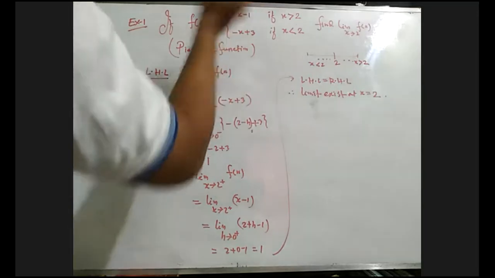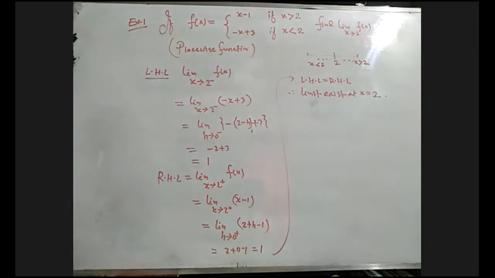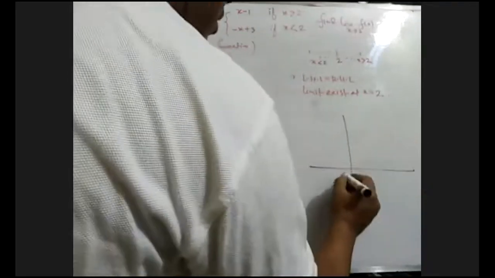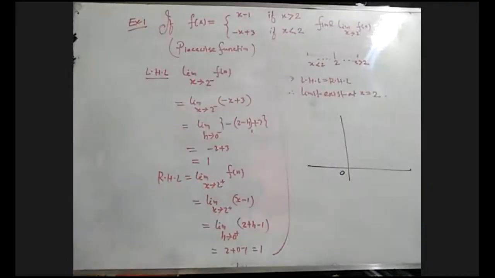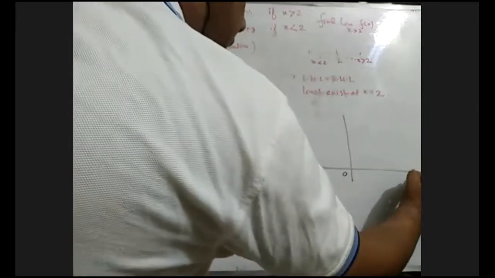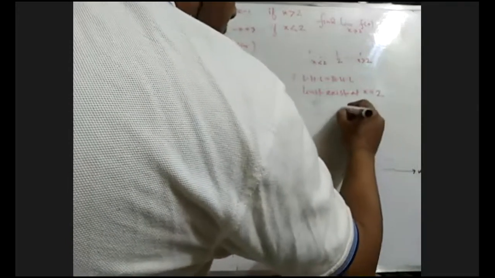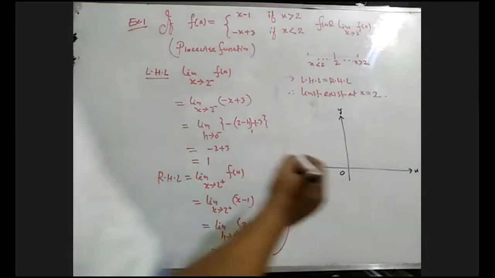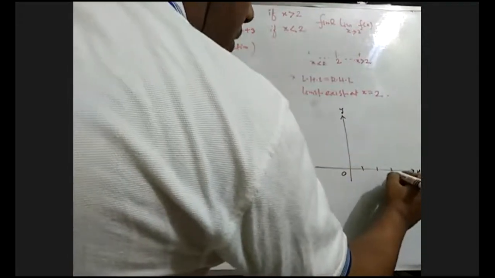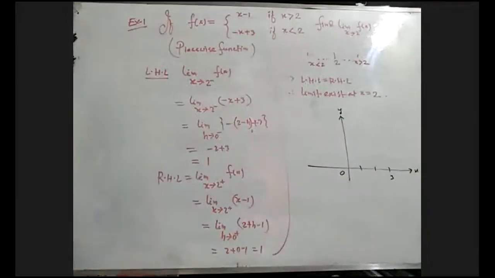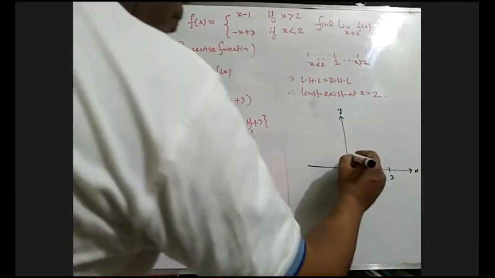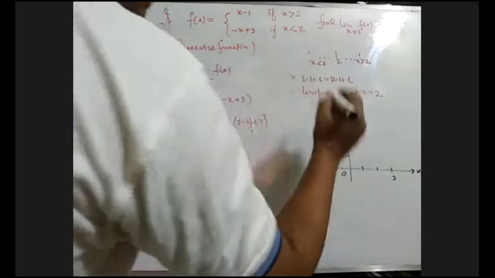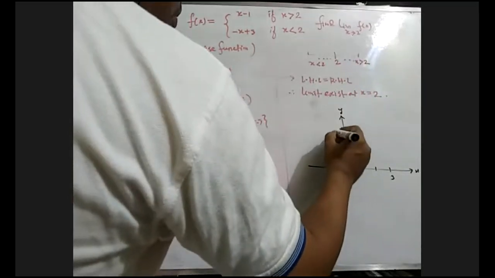Now we can plot this function. Suppose I have a graph like this. This is the 0, this is the x axis, and this is the y axis, with 1, 2, 3 marked on each.